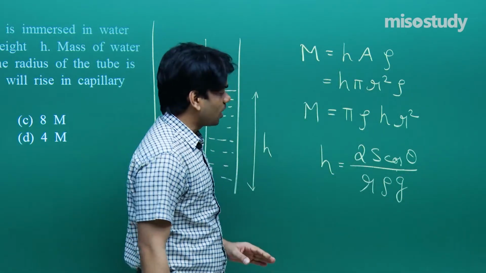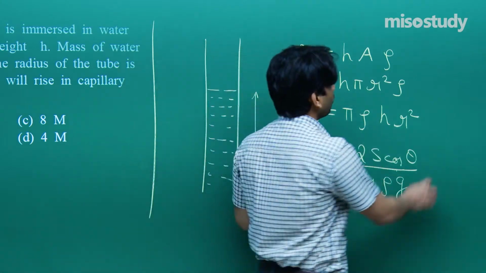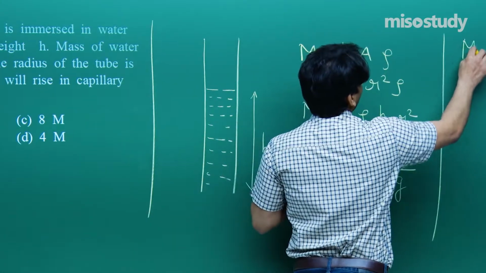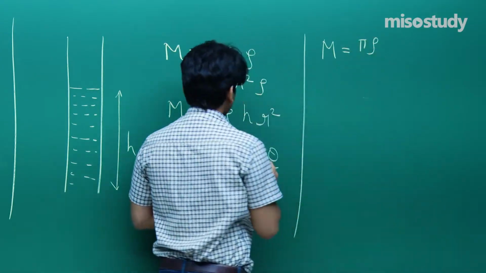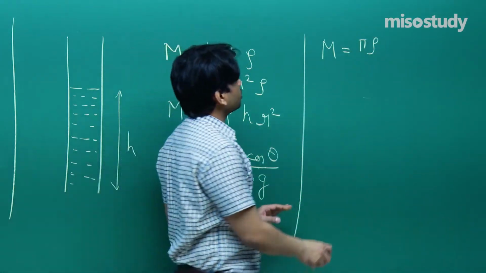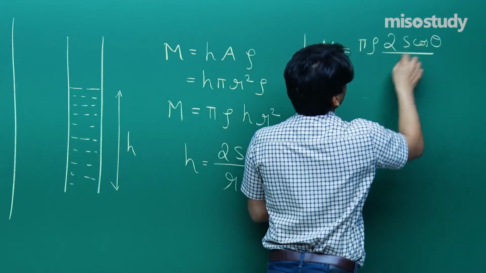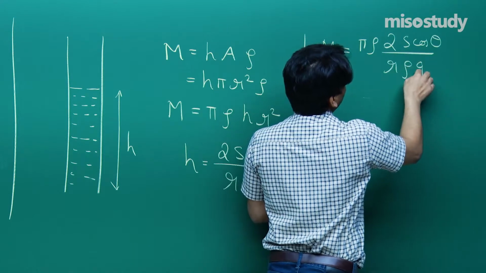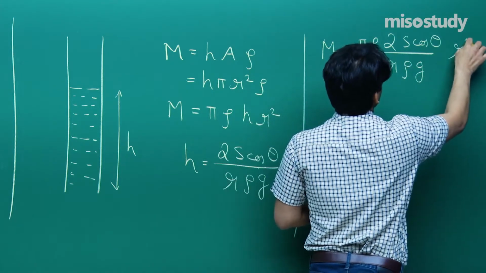This is the value of height. So if I put the value of height h here, we are going to obtain rho into pi, then you have height 2S cos theta upon r rho g, because height is dependent on radius, multiplied with r square.